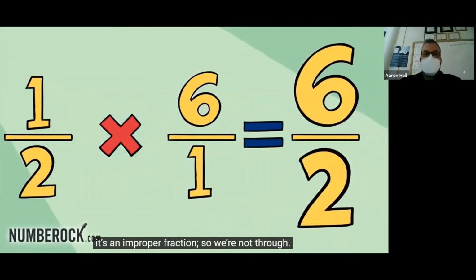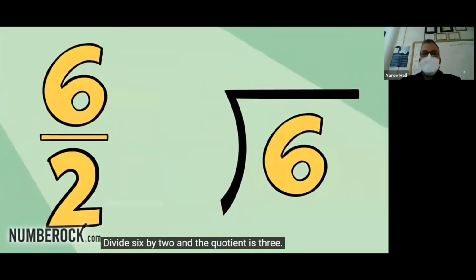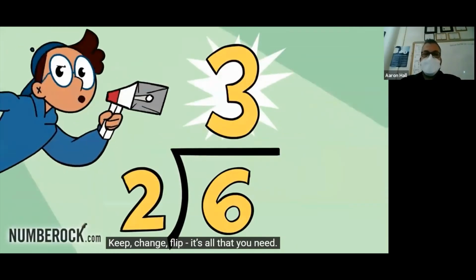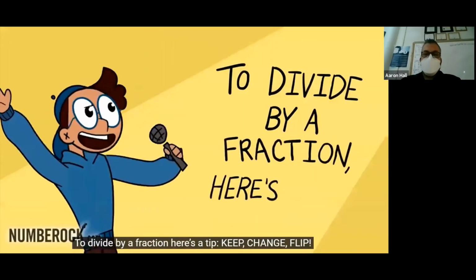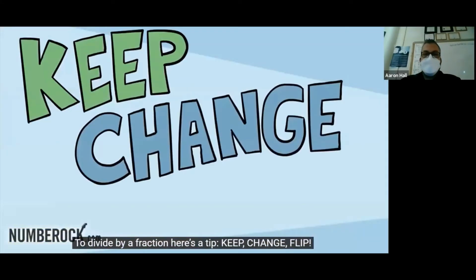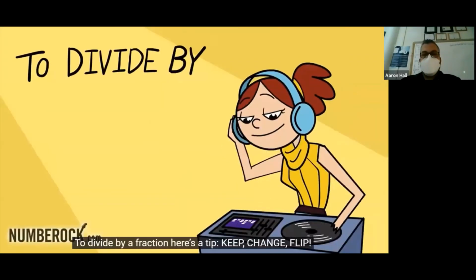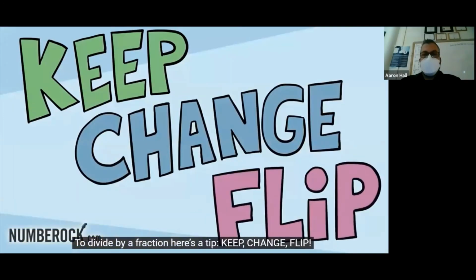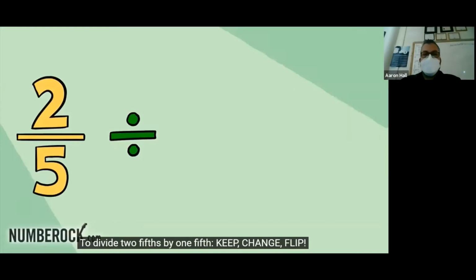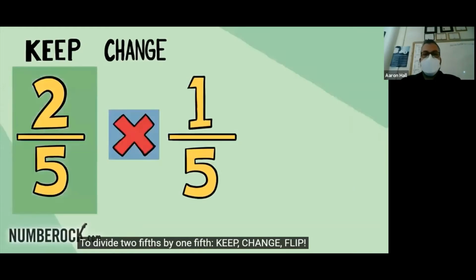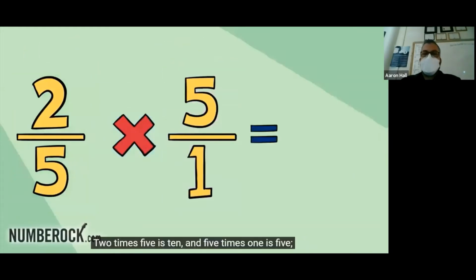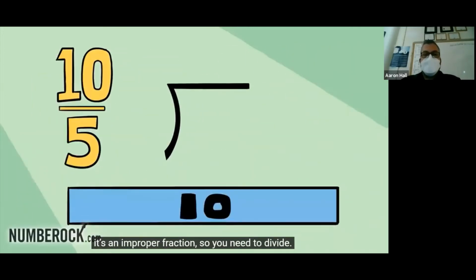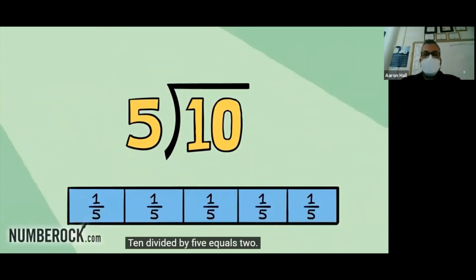It's an improper fraction, so we're not through. Divide 6 by 2, and the portion is 3. Keep, change, flip, it's all they need to divide by a fraction. Is a tip. Keep, change, flip. To divide by a fraction is a tip. Keep, change, understand 5 plus 1 is 5. It's an improper fraction, so you need to divide. 10 divided by 5 equals 2.